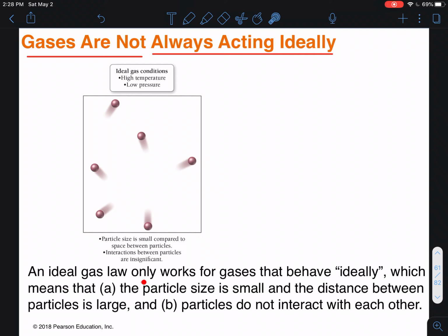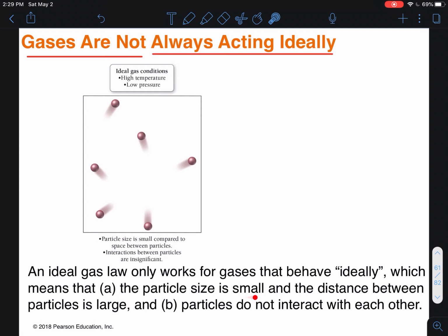An ideal gas law only works for gases that behave ideally, which means two things. One, the particle size is small and the distance between the particles is large. And two, the particles do not interact with each other. So these two things are saying the same thing essentially, right?